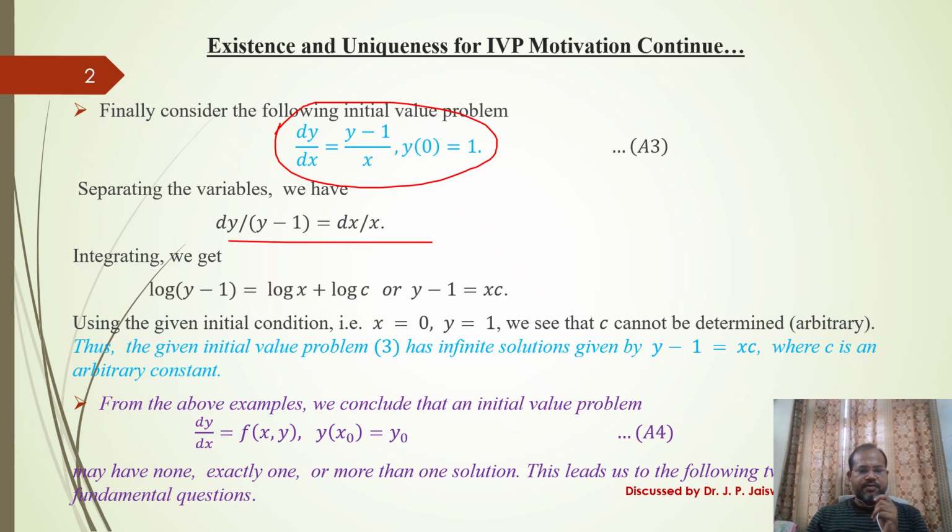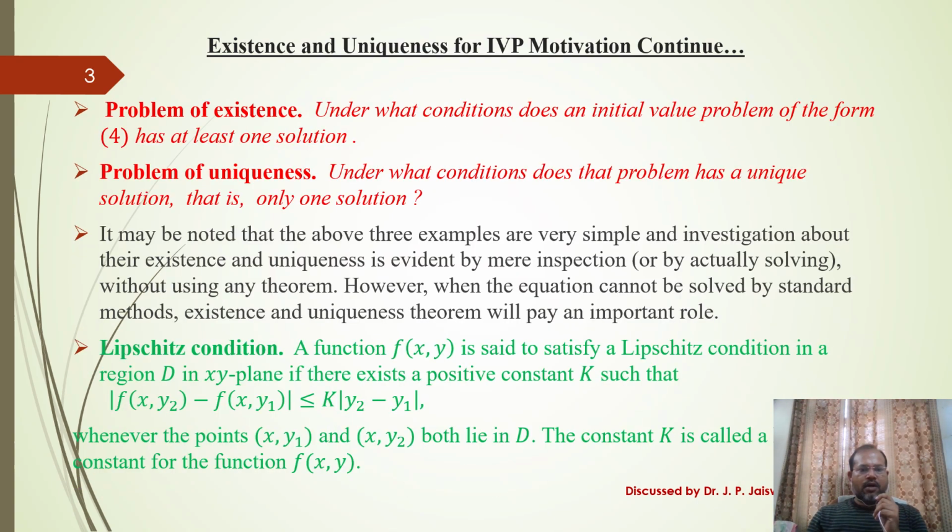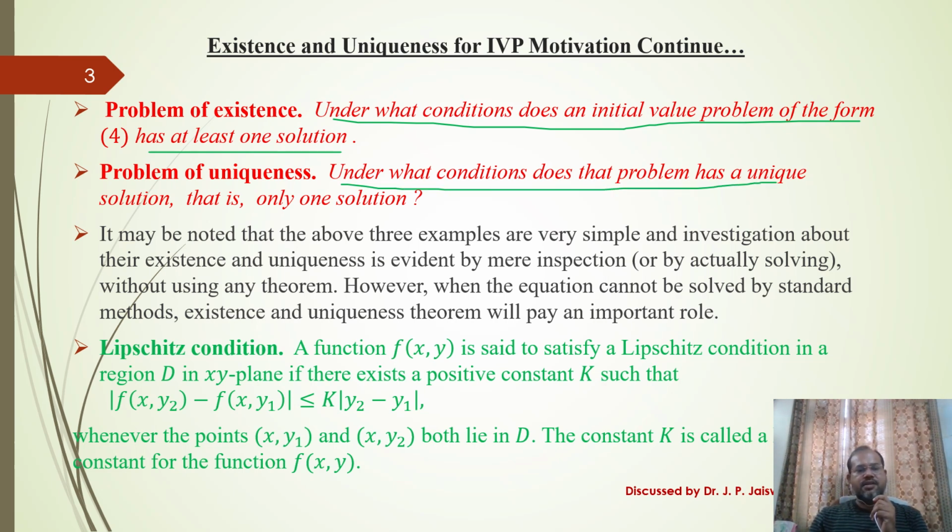So from the previous examples, we have seen that an initial value problem dy/dx = f(x, y), y(x0) = y0 may have no solution, exactly one solution, or infinitely many. So there is a natural question: under what condition does the initial value problem have at least one solution, meaning the system is consistent, and under what condition does it have a unique solution?